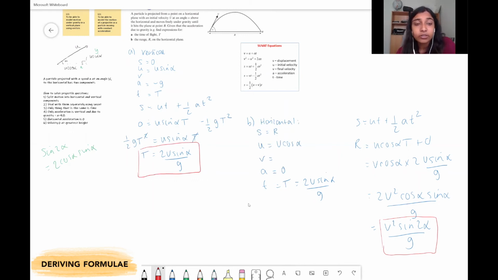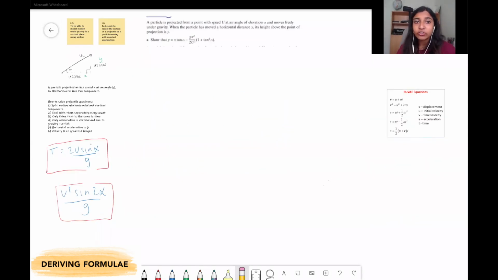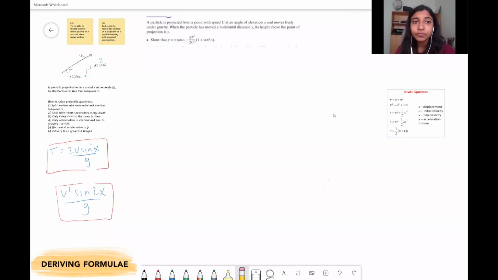So now let's go on to derive the formula for our path of projectile. To derive our path of projectile, we have a particle projected from a point with speed u at an angle of elevation alpha and moves freely under gravity.